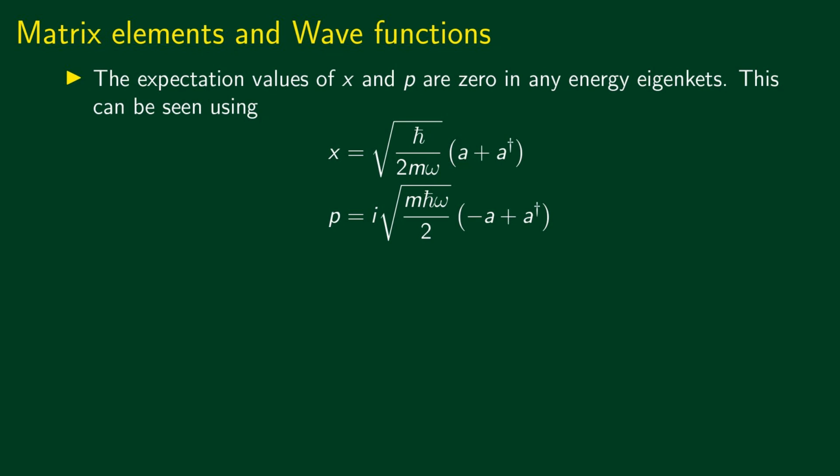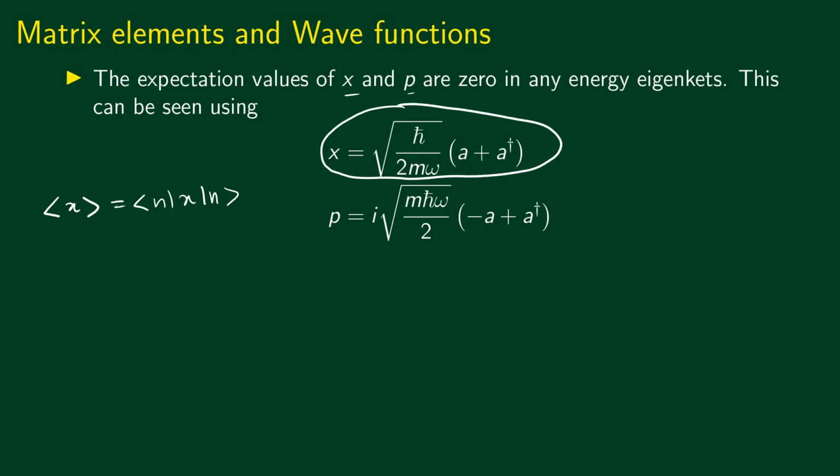We shall start by looking at the expectation values of x and p. The expectation value for x in an energy eigenstate ket n can be written as bra n x ket n. This can be easily calculated by using the expression for x in terms of creation and annihilation operators. So we can write this as bra n square root of h bar divided by 2 m omega, a plus a dagger, acting on ket n.